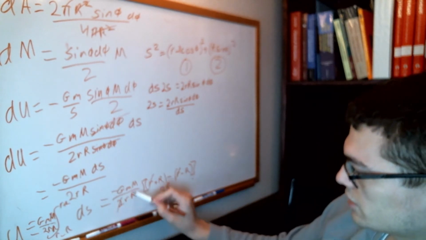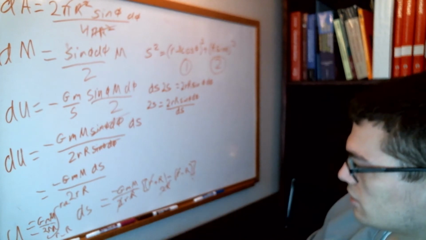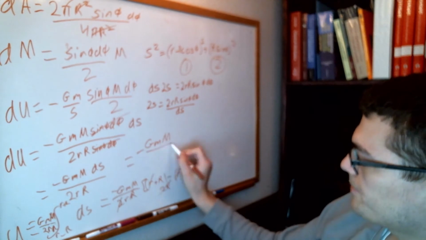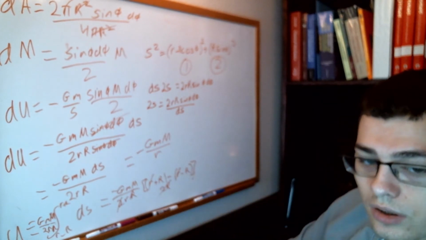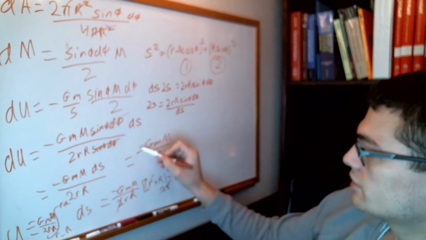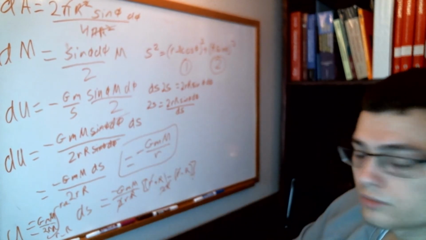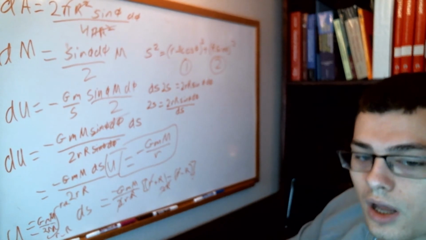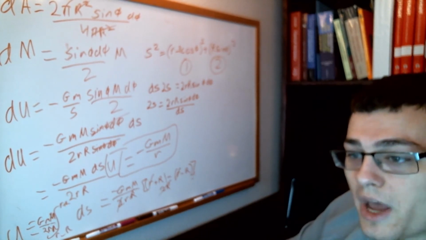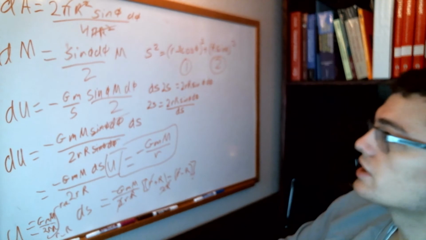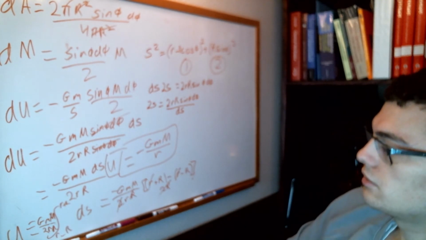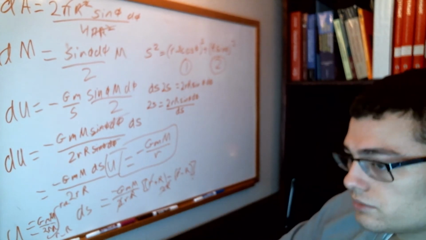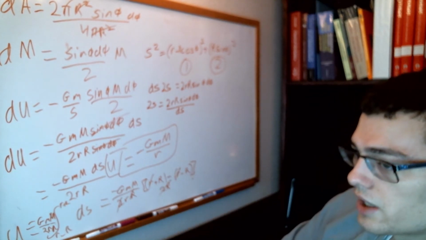And that'll cancel with this r, and that will yield us negative GMm over the radius R. And this is our regular result for our potential energy for just 2 masses in space. So we see that for some spherical mass distribution, we return to this same answer.